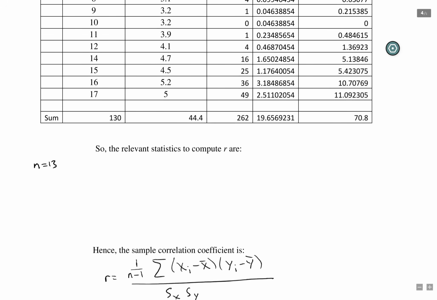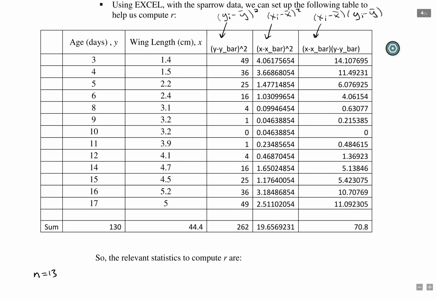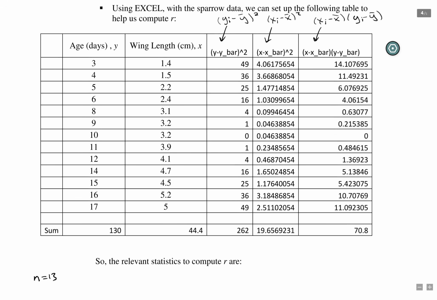The sum here is the sum of the product of the deviations. And this last column here gives me that information. And so this 14.107, how did we get that number? Well, it was 1.4, that first x value, minus the mean of the x's, times 3 minus the mean of the y's.